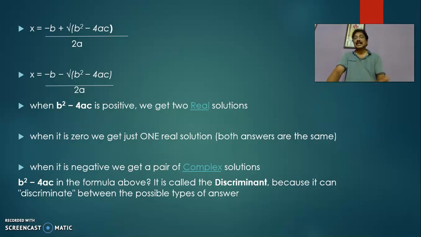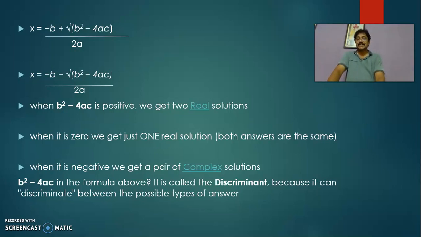So if the discriminant of the quadratic equation is negative, then the roots are complex numbers. When the discriminant is positive, then they are real solutions. When the discriminant is equal to 0, then it has only one solution, or simply the roots are equal.